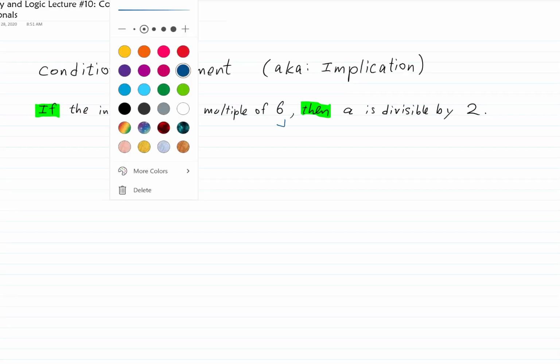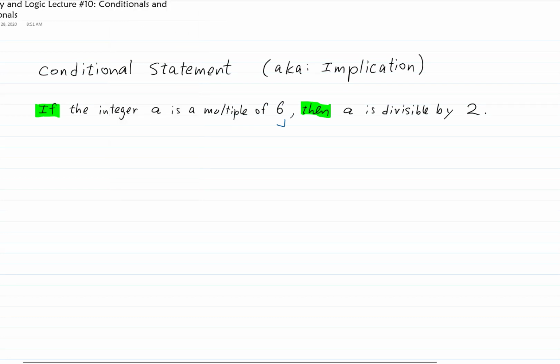Let me make this pen bigger here. That's a statement by itself, right? The integer a is a multiple of 6. Well, it's an open sentence, right? Because it depends upon what a is.